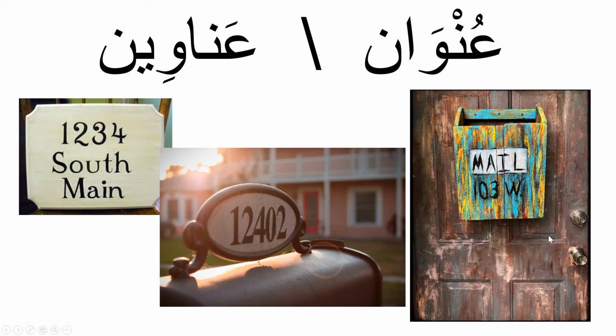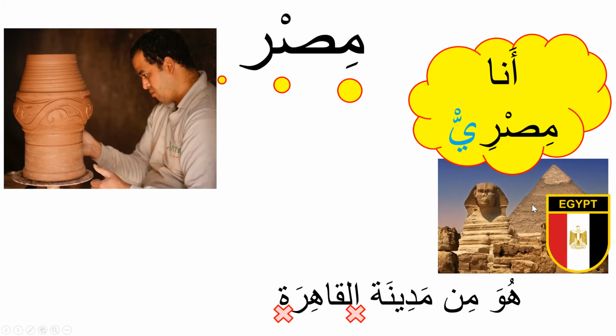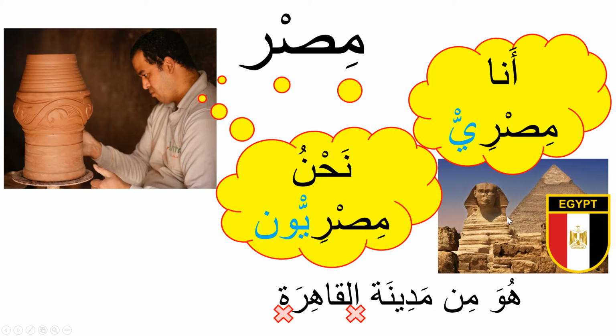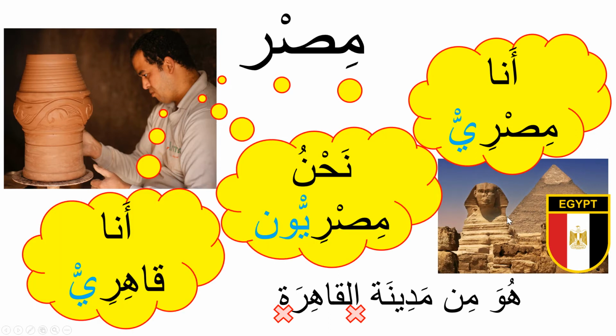Also, I think it's worth revisiting this set of slides that we had on Egypt, where we were indicating nationality, and that someone belonged to Cairo, for instance. The concept I want to talk a little bit more about is what is called a nisba adjective.